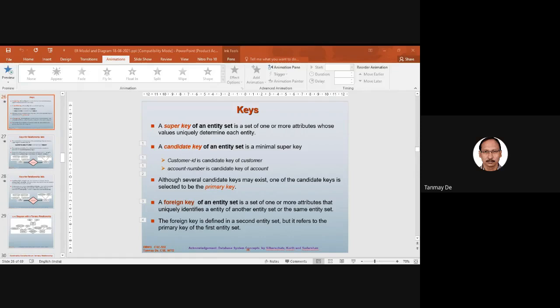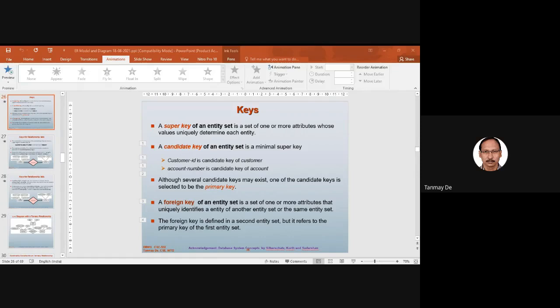The combination of the attributes customer ID along with customer name and customer city, say customer ID 123, customer name Vijay Chaudhary, and customer city Durgapur. The combination of these three attribute values uniquely determines the customer Vijay Chaudhary from the customer entity set.